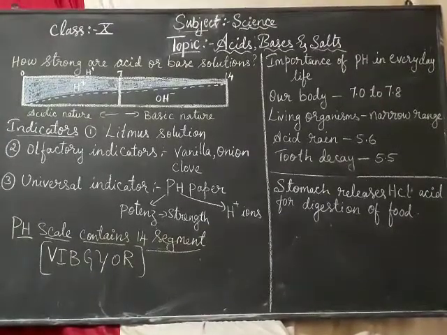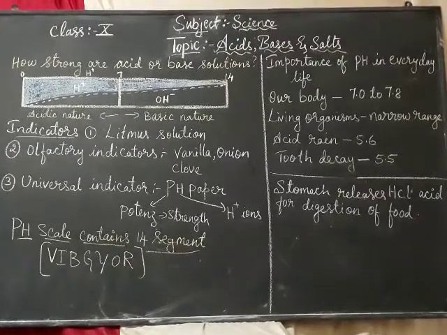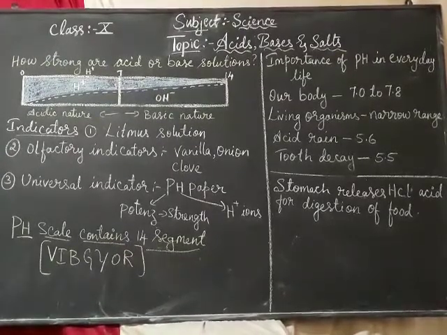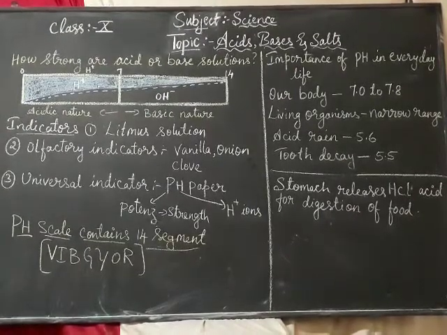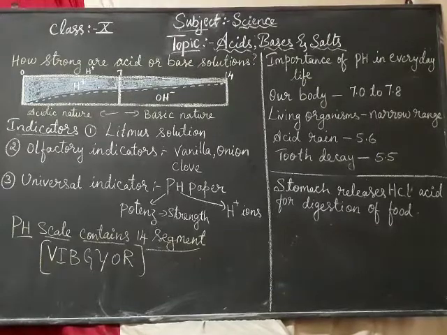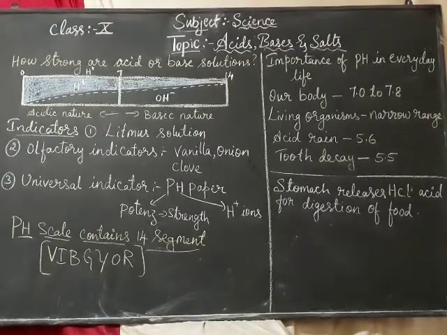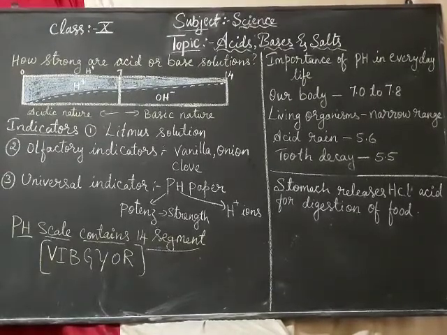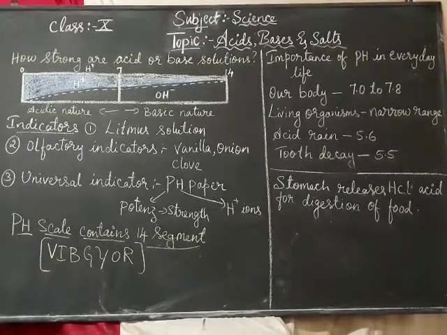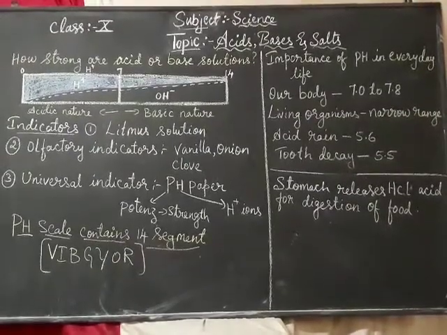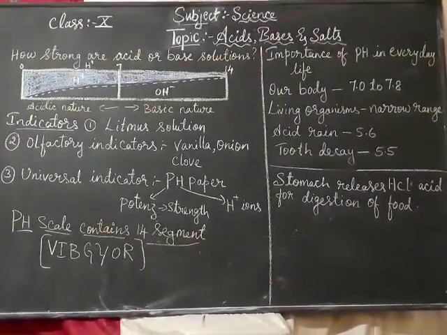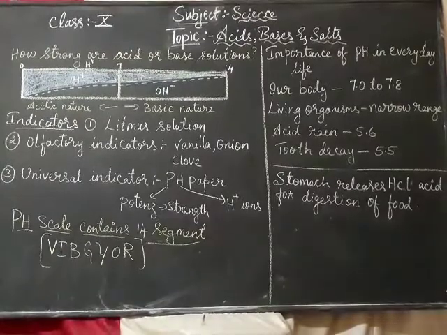Not only that, in nature animals and plants also contain acids. For example, a honeybee. Once the honeybee stings you, it causes pain and irritation. What will you do? Just take baking soda and put a little on that. It neutralizes, and you get pain relief.